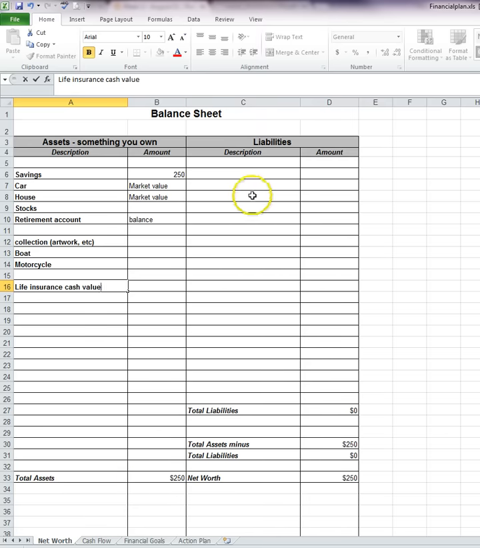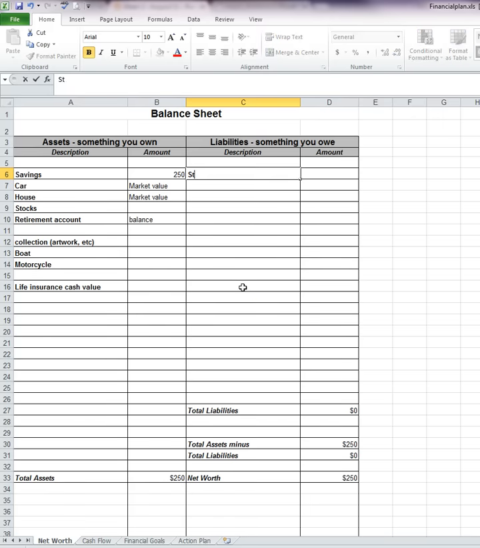Okay, next we're going to pop over to this side and we're going to talk about liabilities. Instead of something you own, this is something you owe. Very different. Going to say straight up front, something you owe, not your phone bill, not your current PG&E bill, and not your rent, but rather these are the big balances you owe.